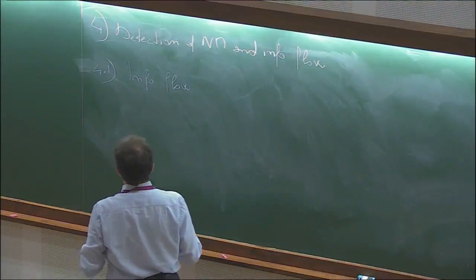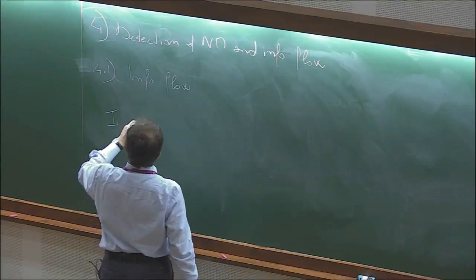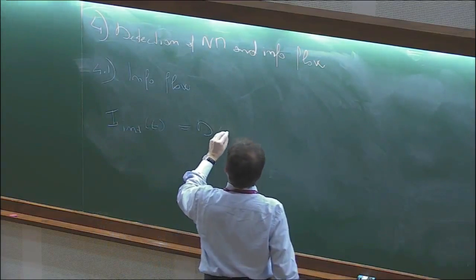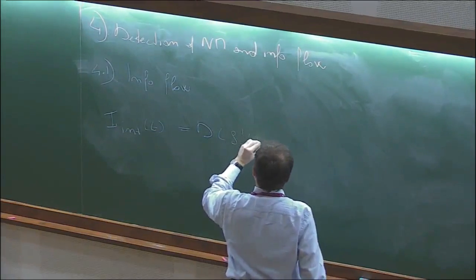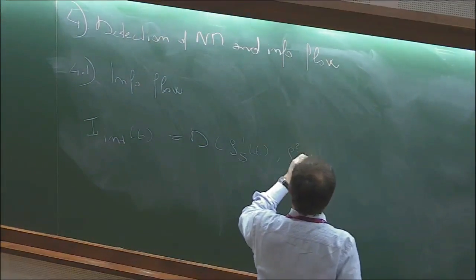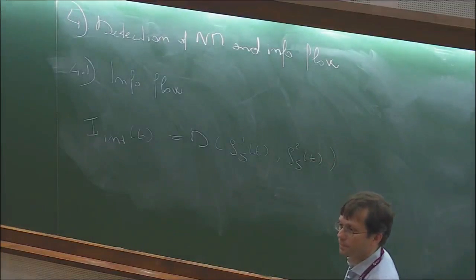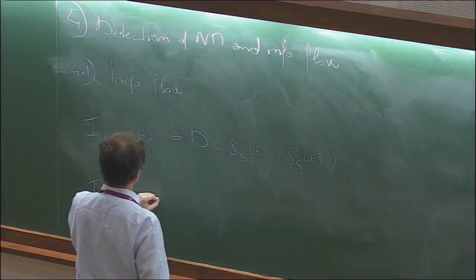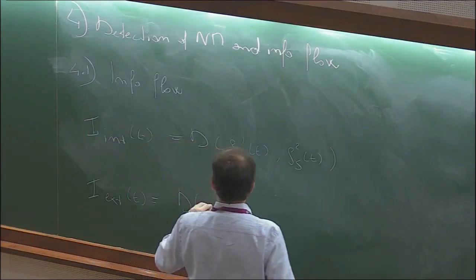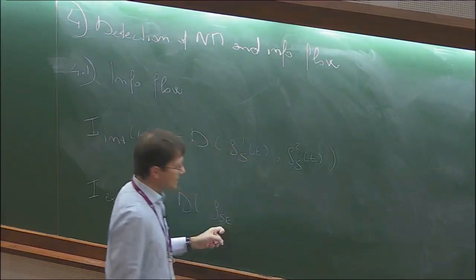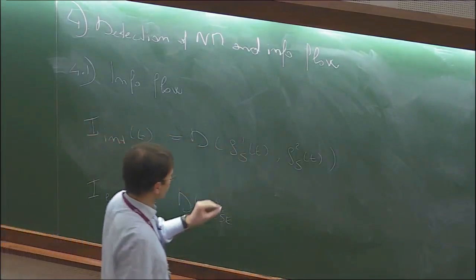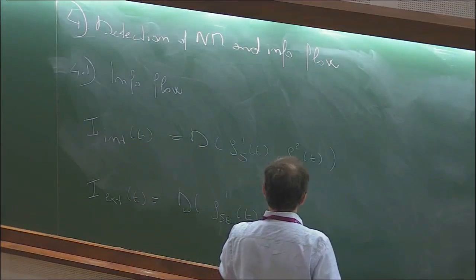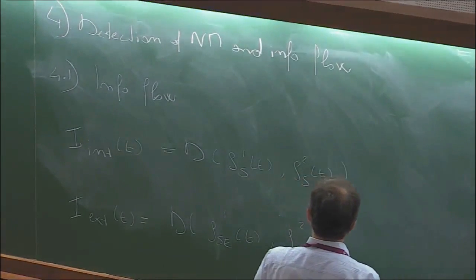Let me introduce these two quantities, a kind of internal information, if you want, which is this quantifier of the distinguishability of two given states, rho S1 and rho S2, of the system at a given time. Then let me speak about an external amount of information by considering the distance between a system-environment state evolved from a certain state at time 0 up to time t, and the time evolution of another system-environment state up to time t.